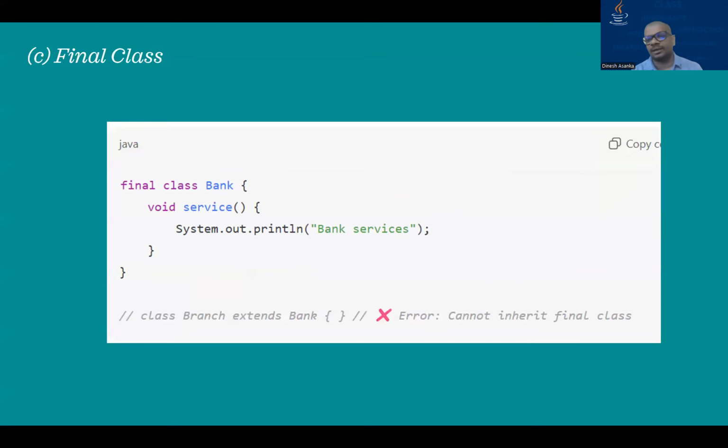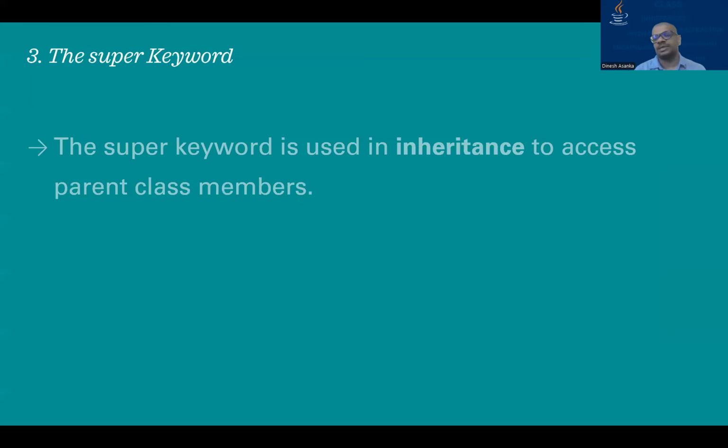Then the final class. I can define a final class like Bank, and I can have different methods. If I have a final class, that means you cannot extend this class. You are not allowed to extend this. So that is the usage of final.